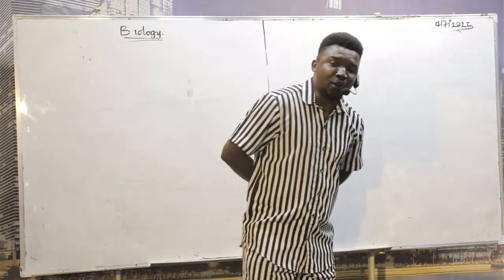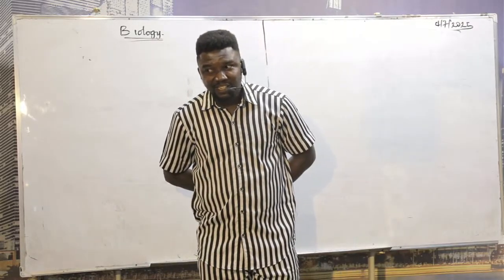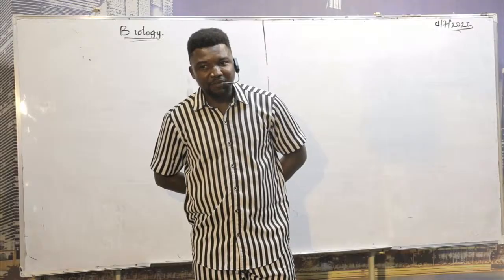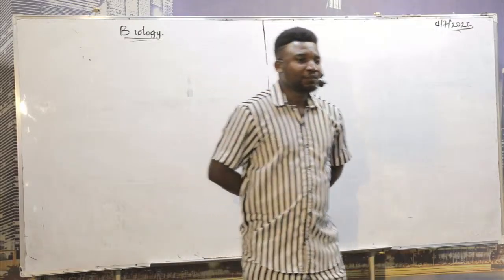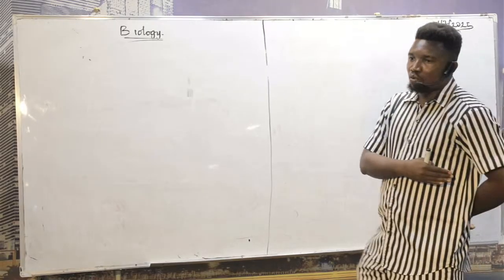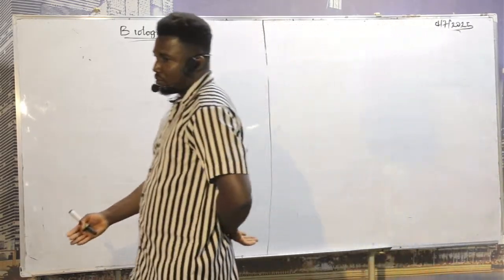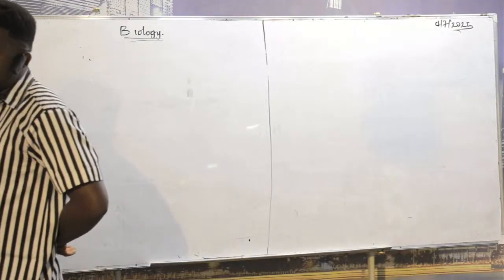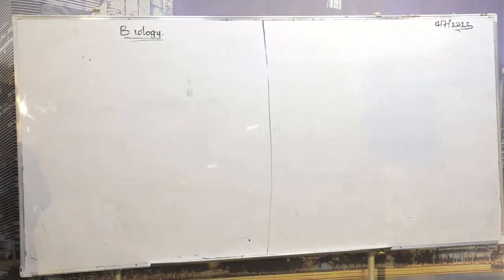What is another name for afferent? Sensory neuron. So it joins the sensory neuron to the motor neuron. Or you can use afferent and efferent. Anyone you want to use is okay.